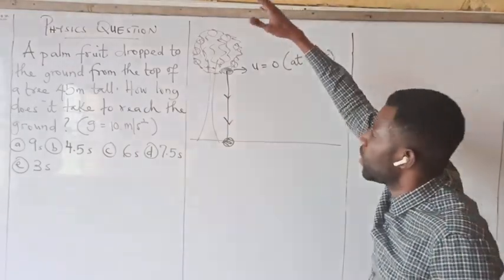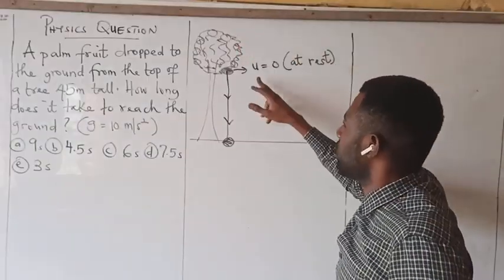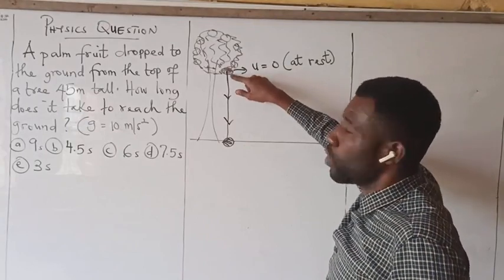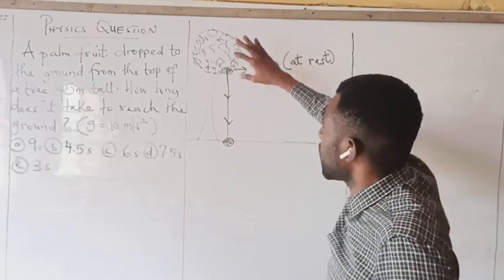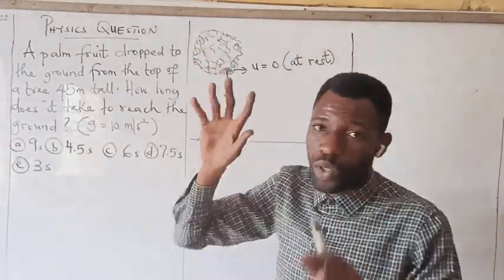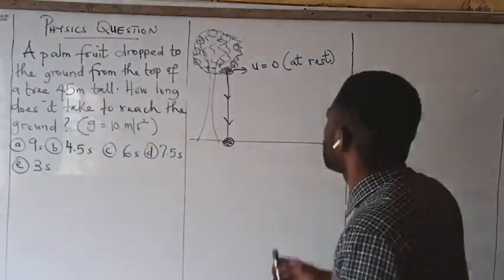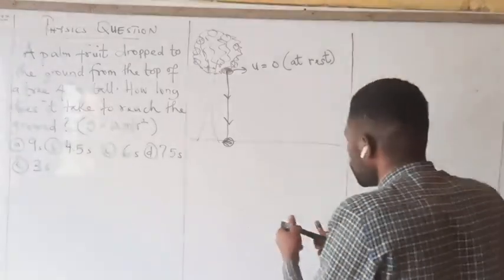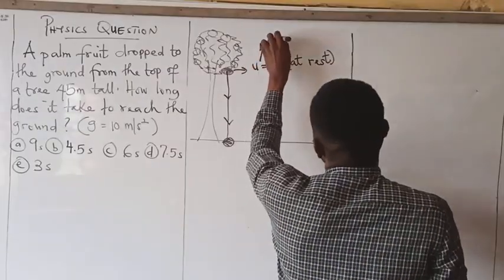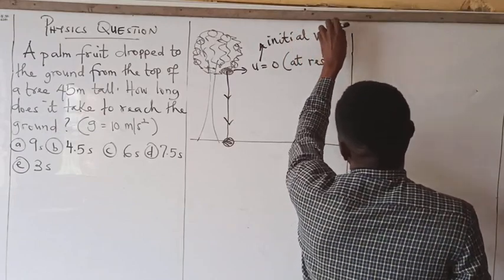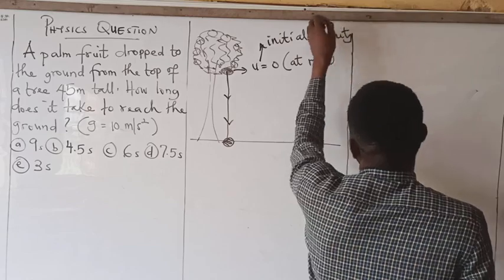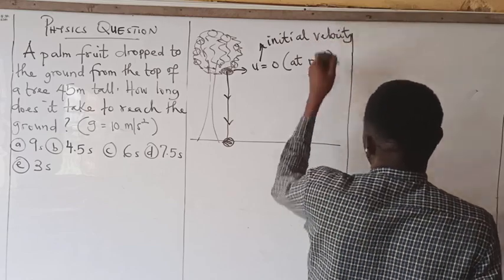Then it was no longer at rest, and it landed on the floor. But initially, while it was on the tree, the fruit was at rest. So the initial velocity of the fruit is 0. That is what happens to any body at rest: the initial velocity is 0.